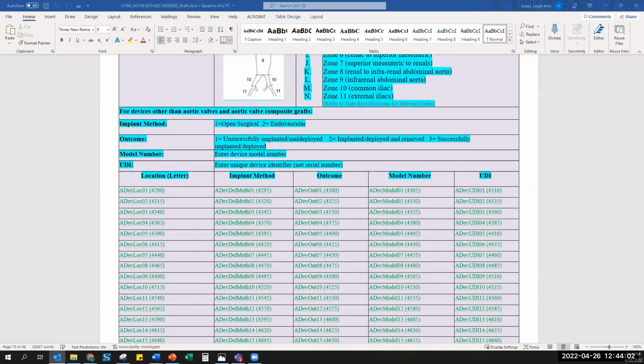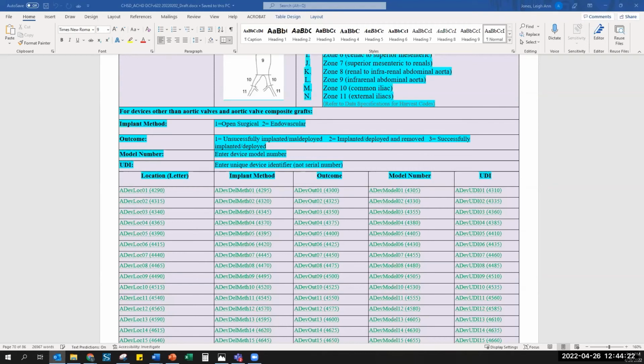The reason we ask you to do that is because when we look at this in analysis, we'll be able to tell that the first implant was here in zone 1 and it went down to zone 3. So you can see the coverage of the particular area in the aorta.